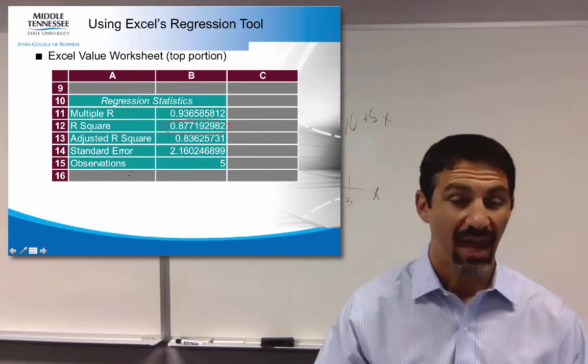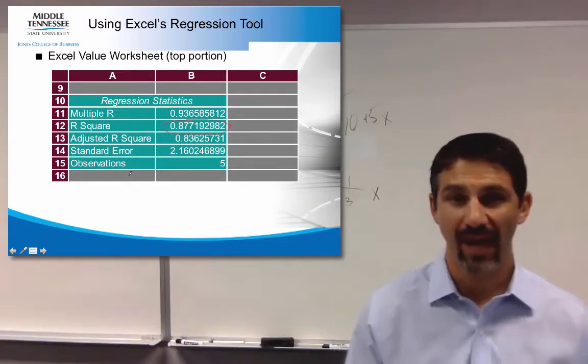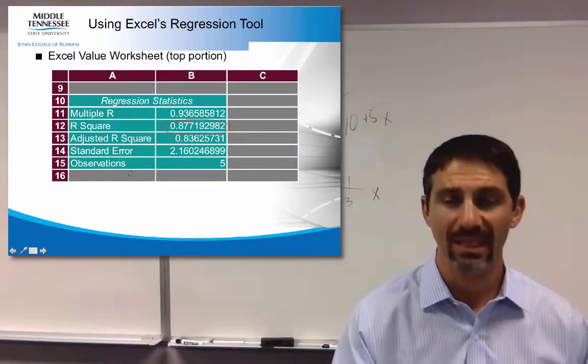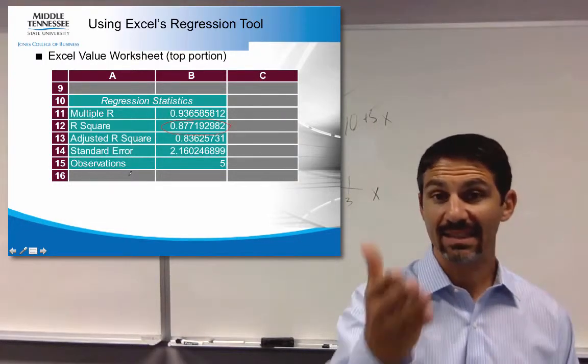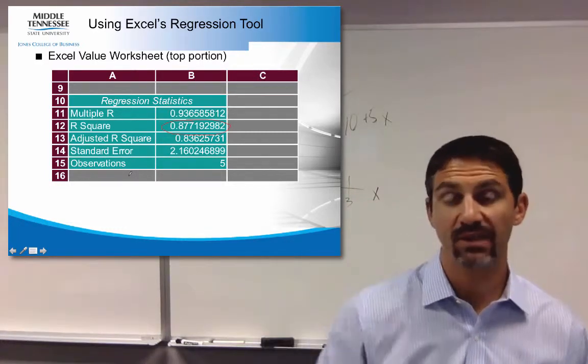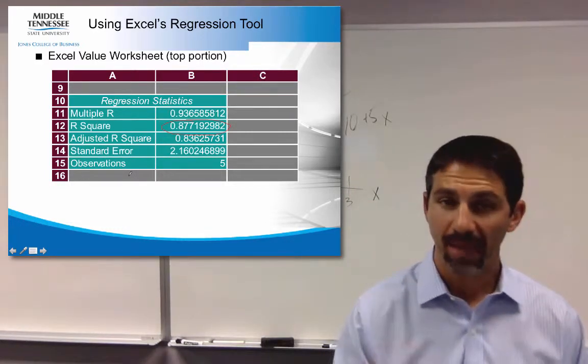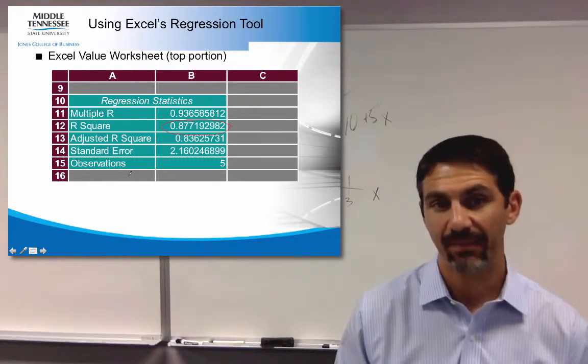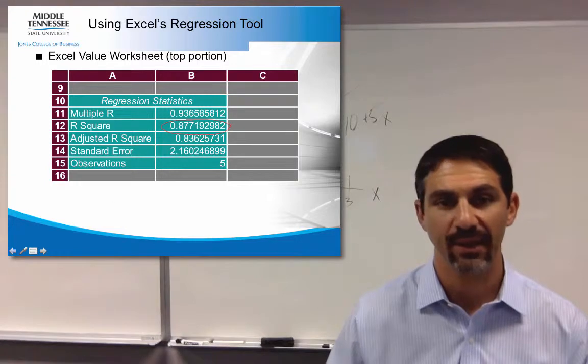So if you ever wonder why there are so many car ads on TV, it's because there's a significant relationship. In this case, it's saying 87% of their sales fluctuation can be explained by the ads. That's why you see so many ads on TV, if this data, of course, is accurate.